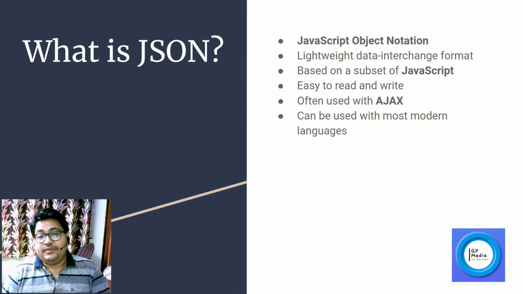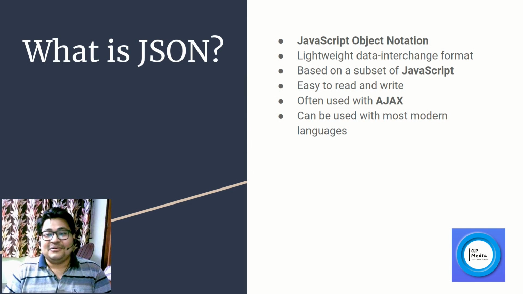This JSON is based on a subset of JavaScript objects, and it is easy to read and write. Recently, along with Ajax, it is being used very hugely, instead of XML. Ajax stands for Asynchronous JavaScript and XML.